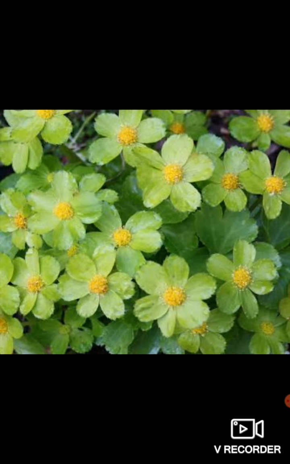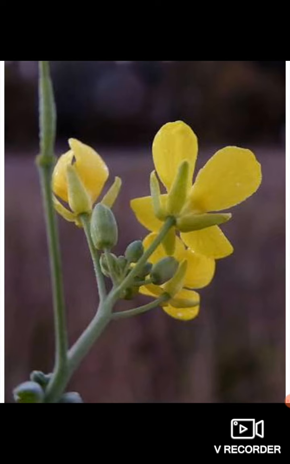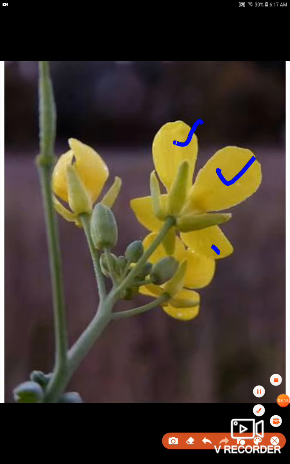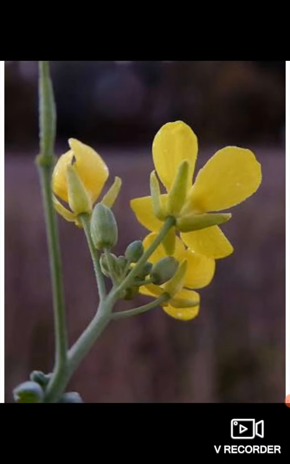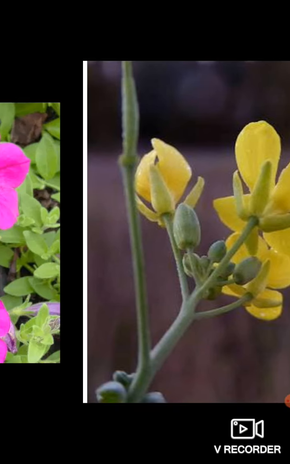Now we will see, these are the petals which are green in color, which are called sepaloid petals. Now see again the example of polypetalous: mustard flower. Here you can see the petals are free to each other. So they are polypetalous. I am taking the example which was given in your book.